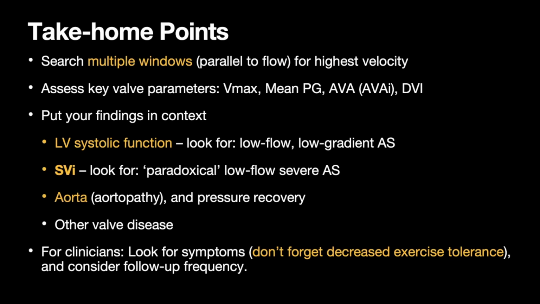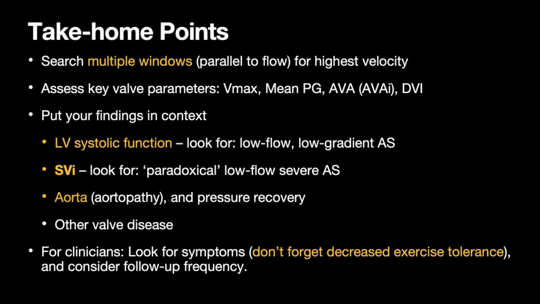So if your LV systolic function is reduced, don't forget to look and think about low flow, low gradient aortic stenosis. If you have a low stroke volume index for the body surface area, think about paradoxical low flow severe aortic stenosis if your aortic valve area suggests severe AS, but your gradients or flow are not meeting that cutoff.